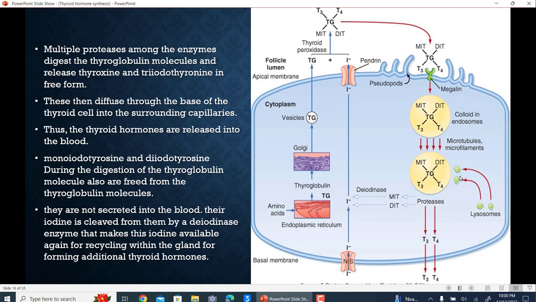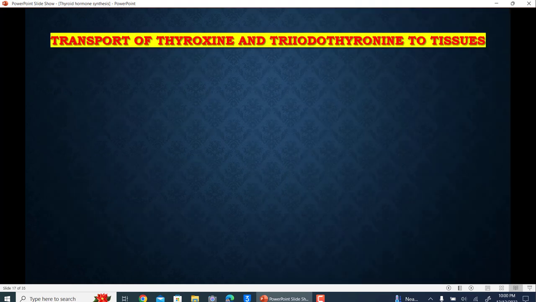Due to the digestive action of the lysosome, the thyroglobulin is broken down into monoiodotyrosine, diiodotyrosine, triiodothyronine, and tetraiodothyronine.